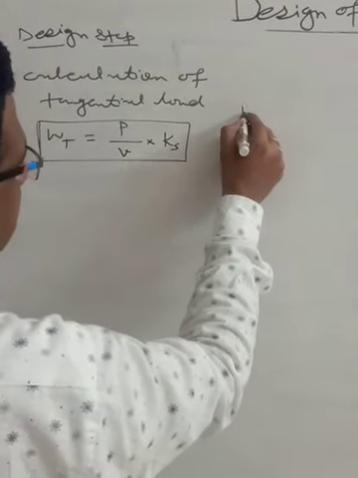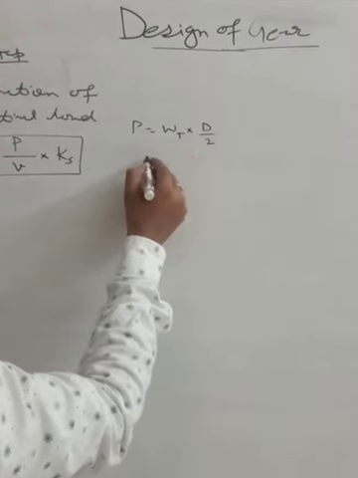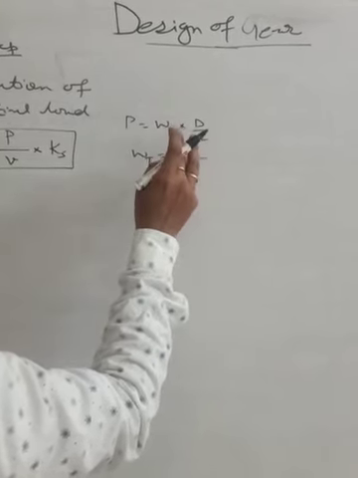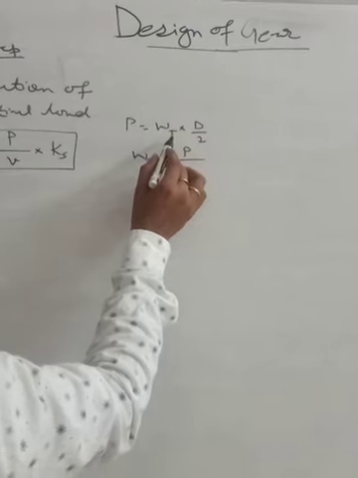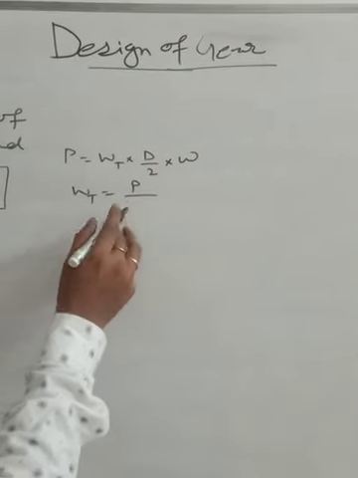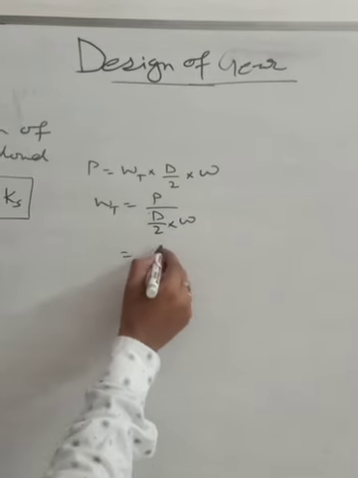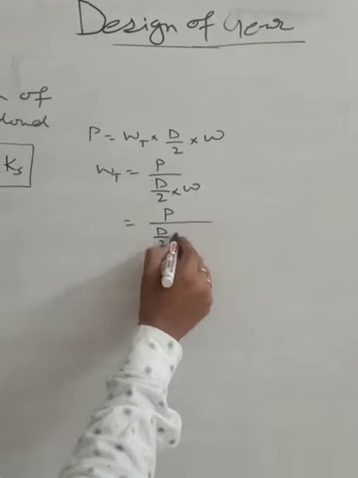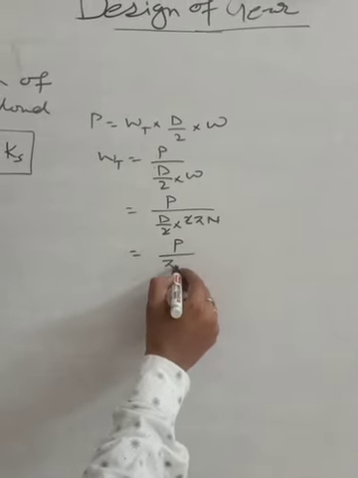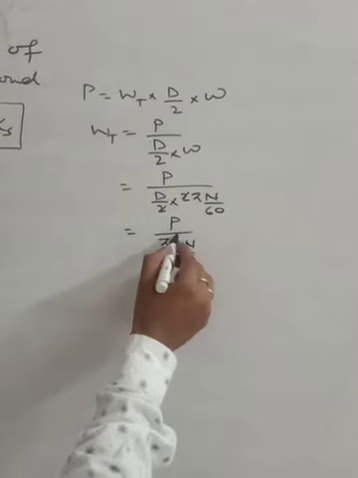If you consider the power transmitted, then power transmitted is equal to your tangential load into d by 2 into omega, so Wt is equal to P upon torque into omega, then P upon d by 2 into omega, and omega is equal to 2 pi n by 60, so this is equal to P upon pi dn by 60, and this is your pitch line velocity.